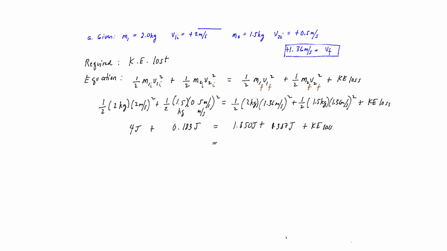Solving for this, 4 plus 0.183 is 4.183 joules. And then this one is 3.237 joules plus kinetic energy loss. So 4.183 joules minus 3.237 joules is equal to the kinetic energy loss, and therefore the kinetic energy loss would be around 0.95 joules.